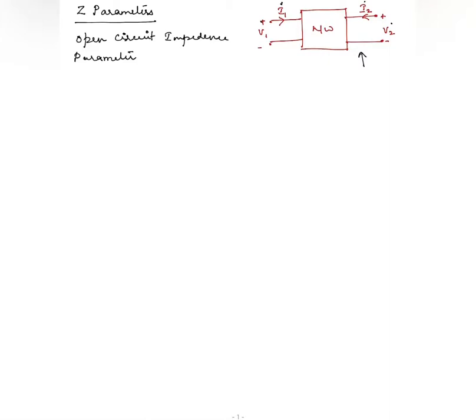As I've already told you, these parameters are functions of the basic four parameters of two-port networks. The basic four parameters are V1, I1, V2 and I2, right? When it comes to Z parameters, V1 and V2 are functions of I1 and I2.